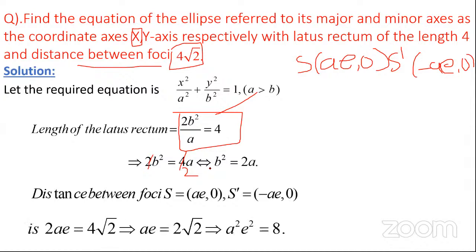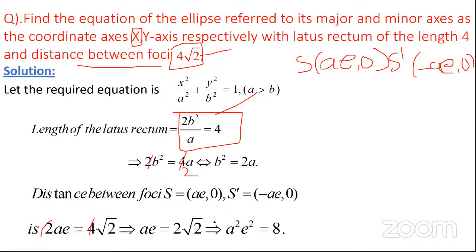So the distance between foci is 2ae, and it is given as 4 root 2. So 2ae equal to 4 root 2, then ae equal to 2 root 2.